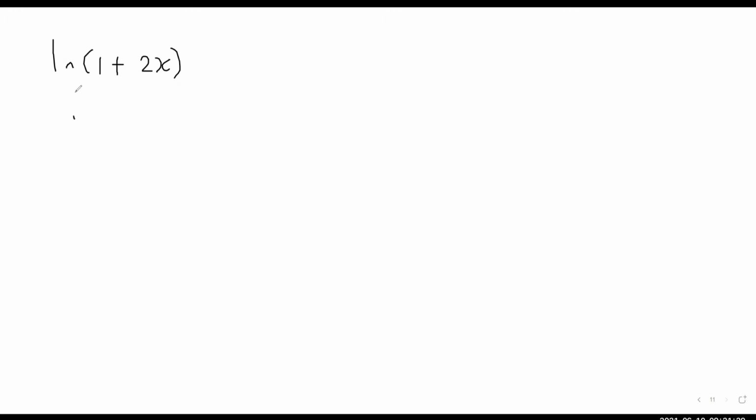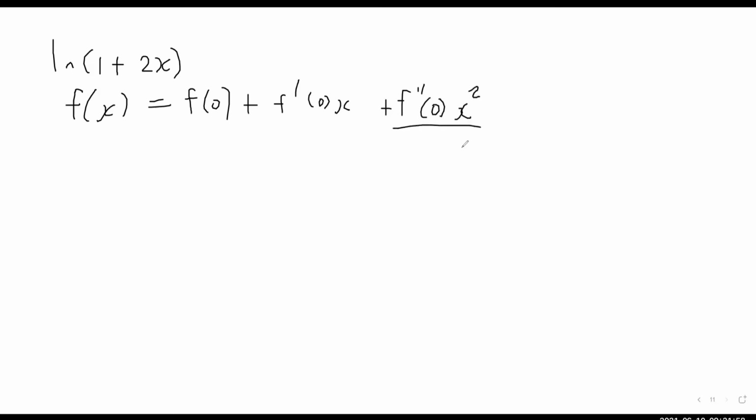Before we can expand it, we're going to use the Maclaurin formula. So you have to remember the Maclaurin formula. It tells us that f of x is equal to f of 0 plus f prime of 0 times x, plus f double prime of 0 times x squared over 2, plus f triple prime of 0 times x cubed over 3 factorial, which is 6, and so forth.